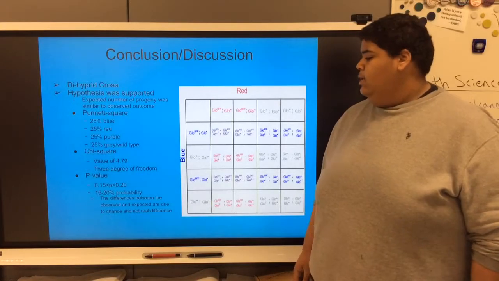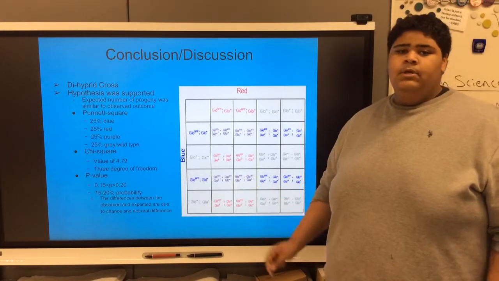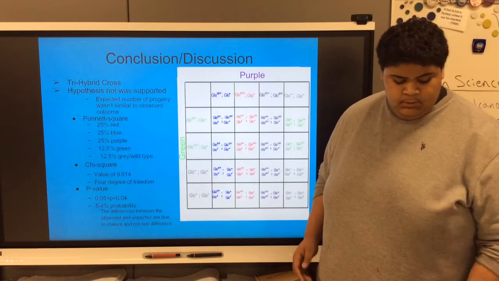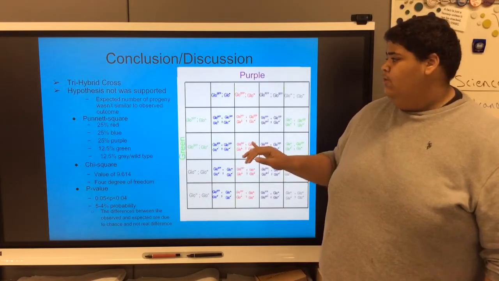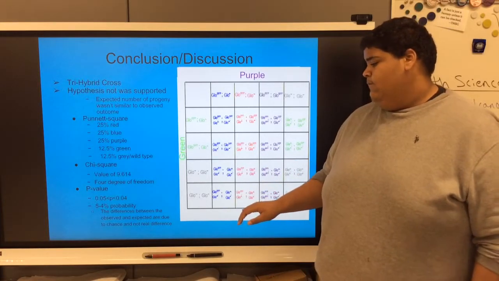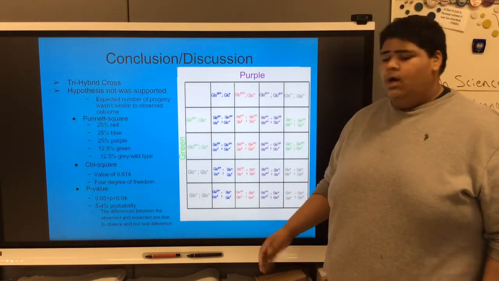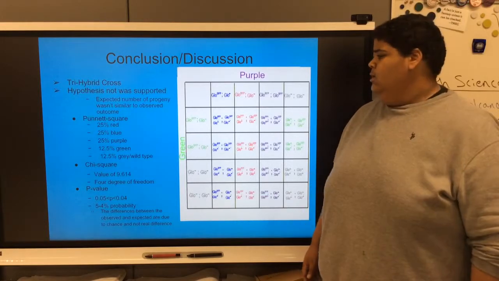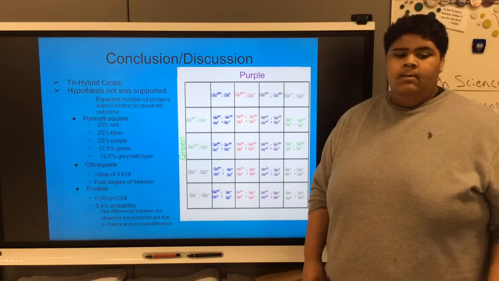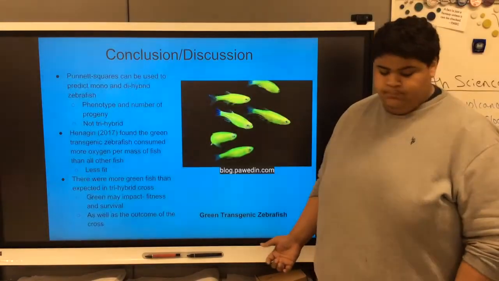For the dihybrid, it was a 15 to 20% probability that the differences were due to chance and not real differences. Again, looking at the trihybrid cross, the probability was 5 to 4% that the differences were due to chance and not real differences. And the 5 to 4 probability shows that my hypothesis was not supported.